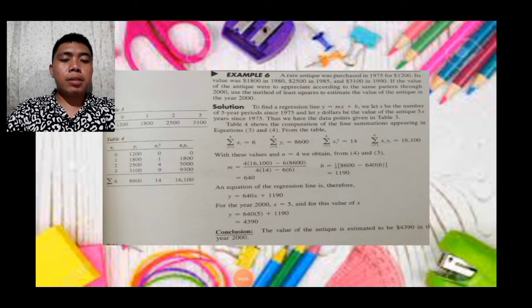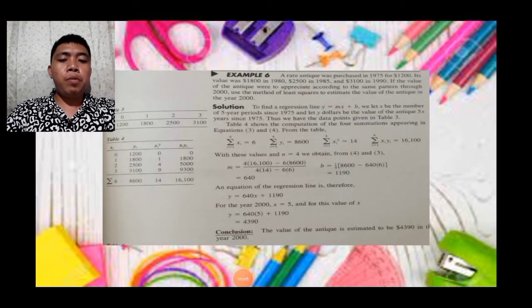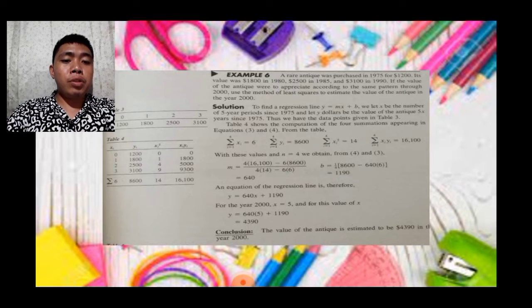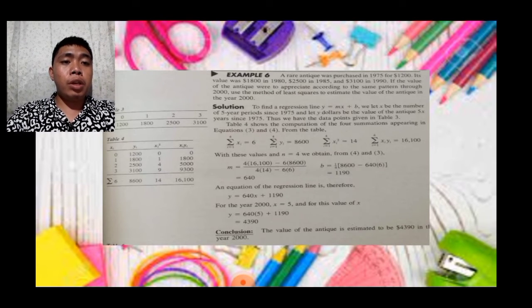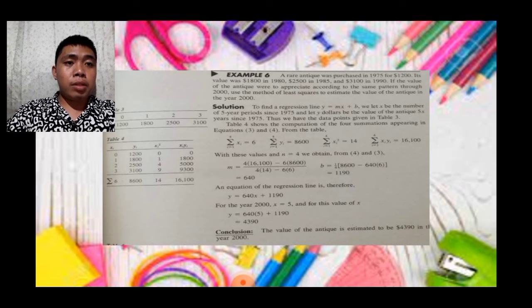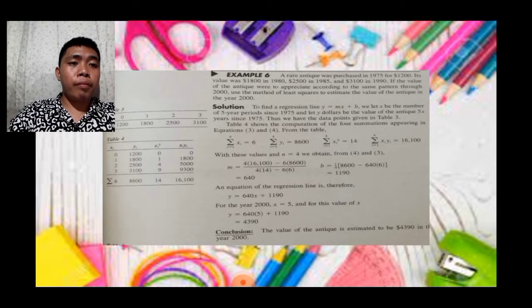Summations of x sub i, where i is from 1 to 4, is equal to 6. Summations of x sub i squared is equal to 8,600. And summations of i of x, where i is from 1 to 4, is equal to 14.